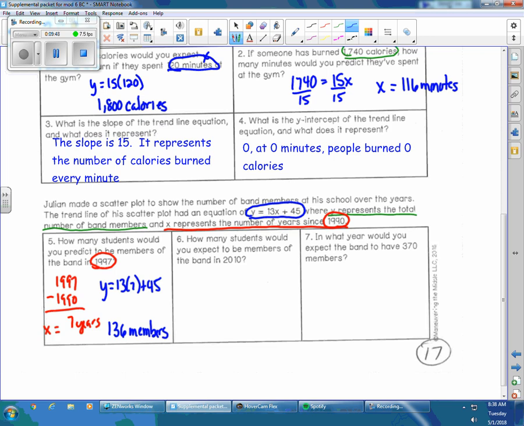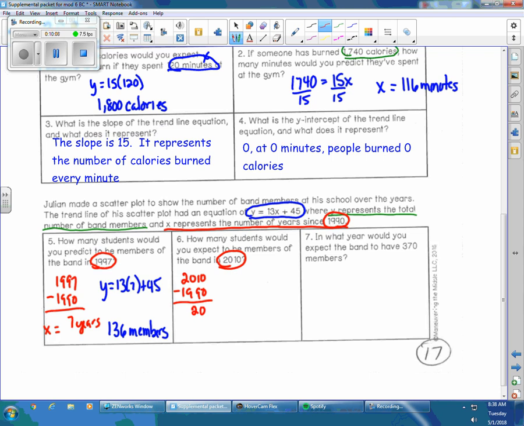How many students would you expect to be members in 2010? So again, they're giving us a date, and I've got to figure out the number of years between 2010 and 1990. So 2010 minus 1990, that's going to be 20.